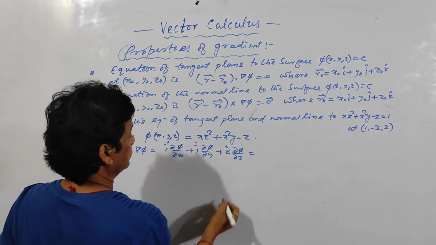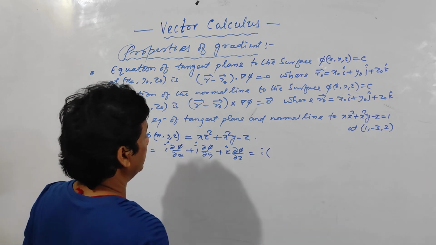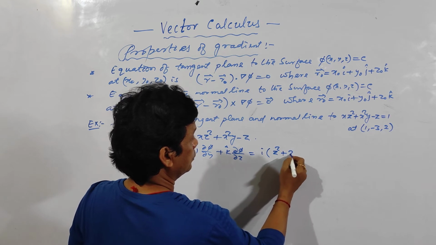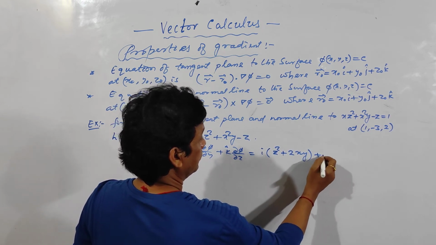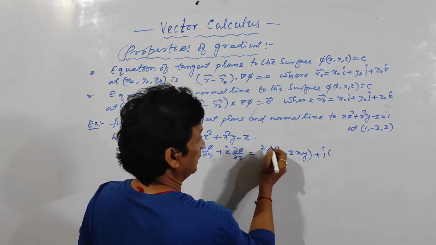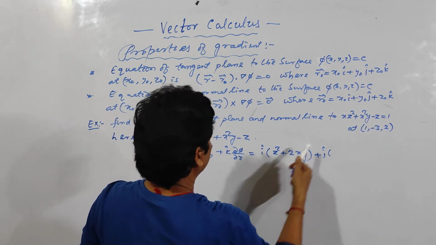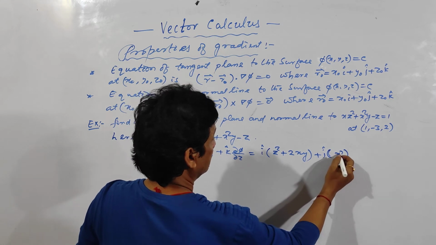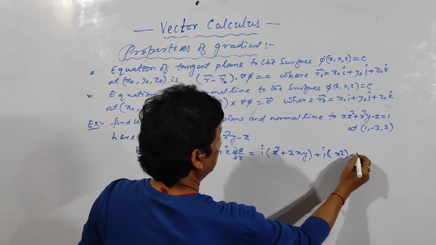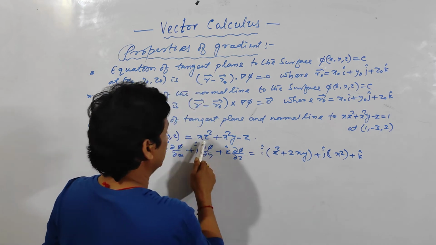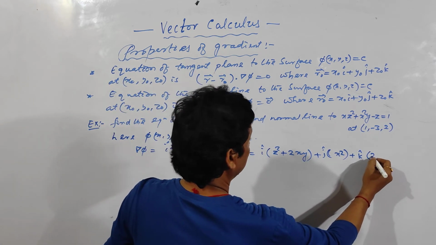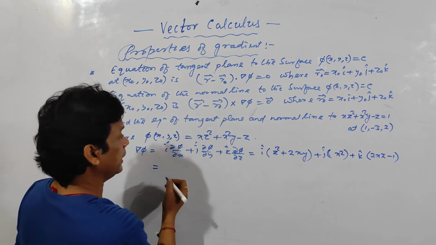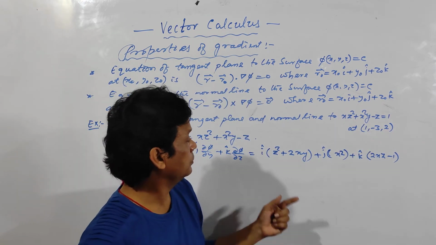is equal to, so i cap into, what is del phi by del x? With respect to x, so z square plus 2xy, plus j cap, and with respect to y, this one is 0 and this part, this one is x square, and plus k cap, and with respect to z, 2xz minus 1. So put the values, it is 1, minus 3, 2.